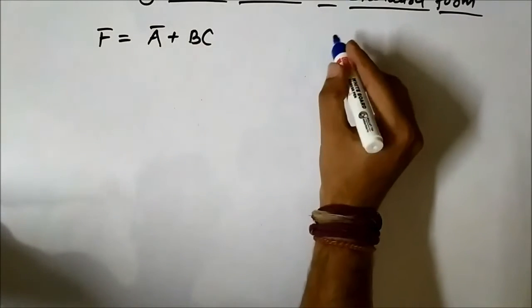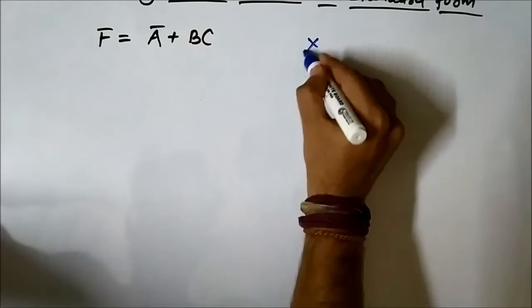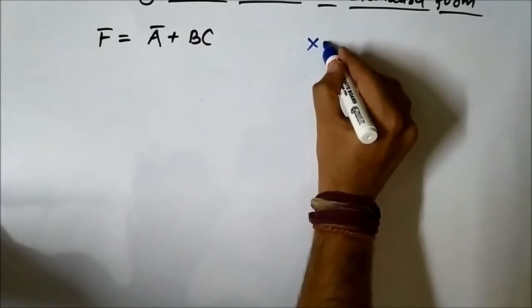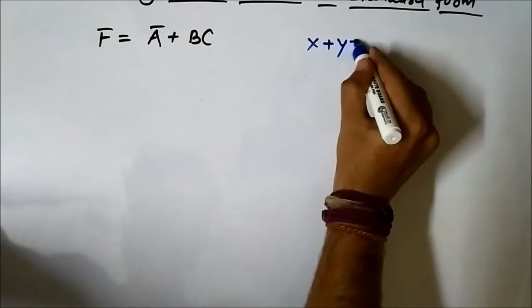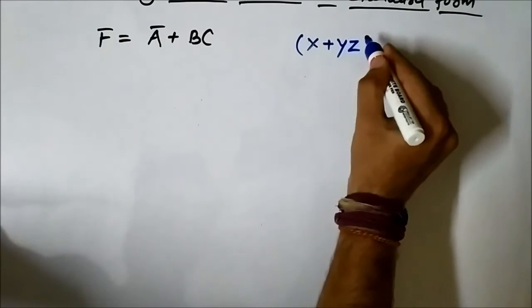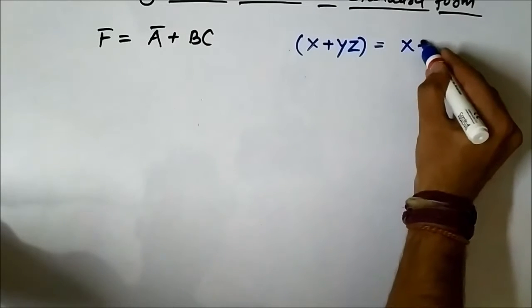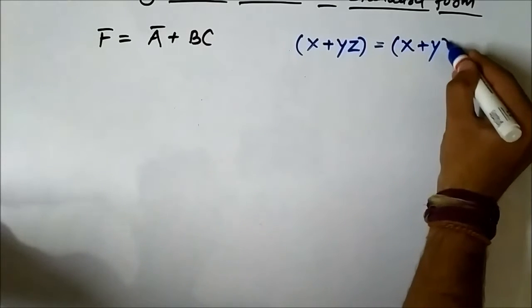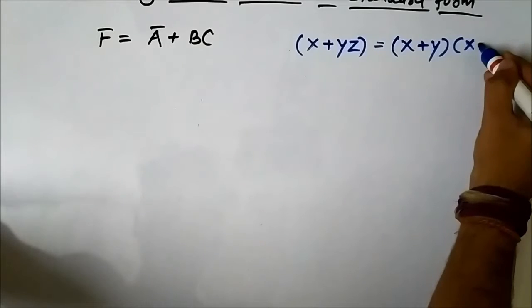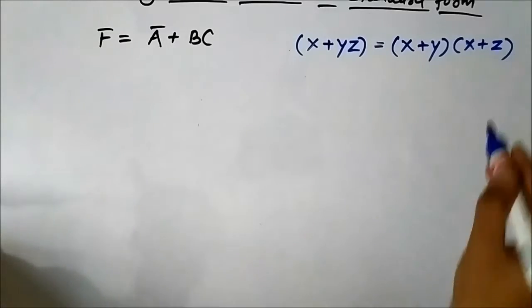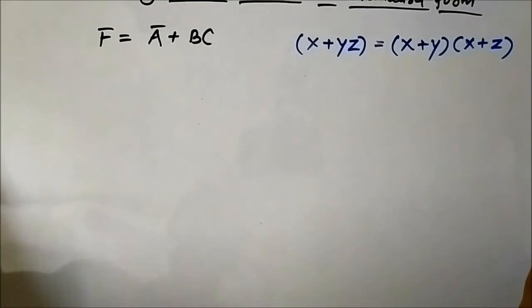If you remember, there is a Boolean identity which is like this: x or y and z is equal to x or y and x or z. This is a Boolean identity.